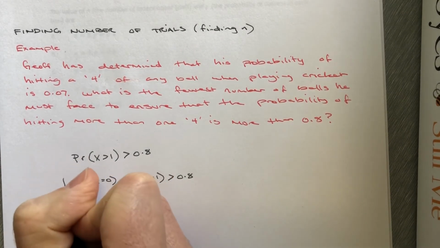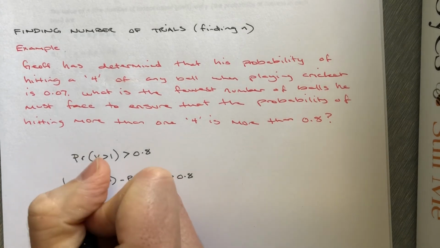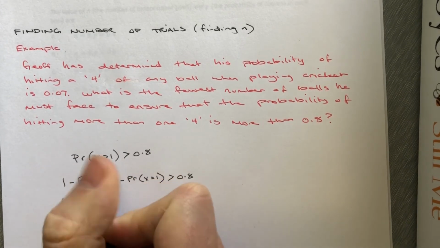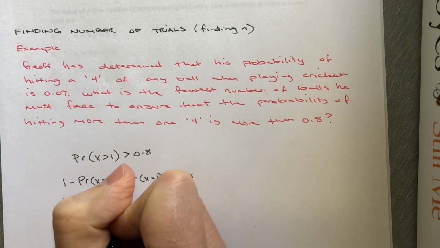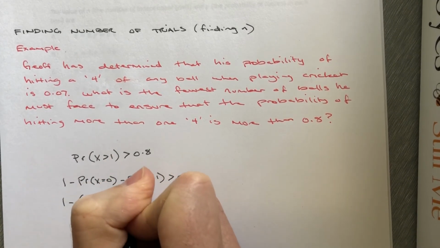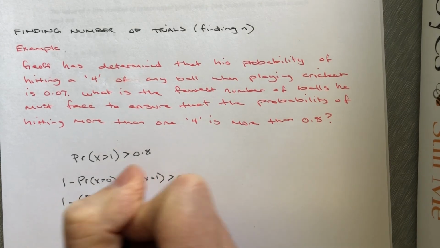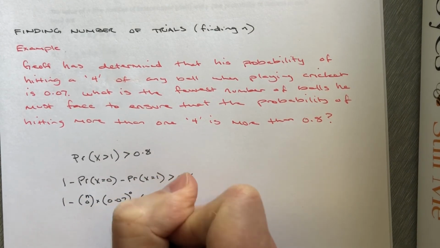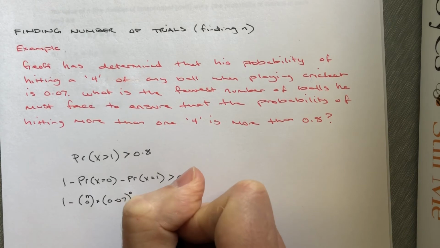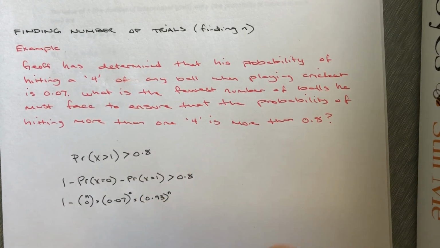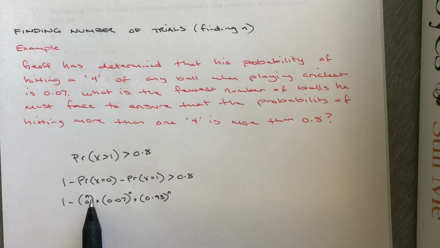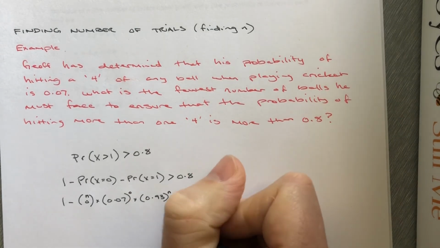So 1 minus, now this here, we don't know what n is, so number of trials n, number of successes is 0. The probability of success was 0.07, we're having 0 successes. Probability of failure must be 0.93, and we're having n number of failures. We've just finished that bit, we're done there. We now need to look at this one.